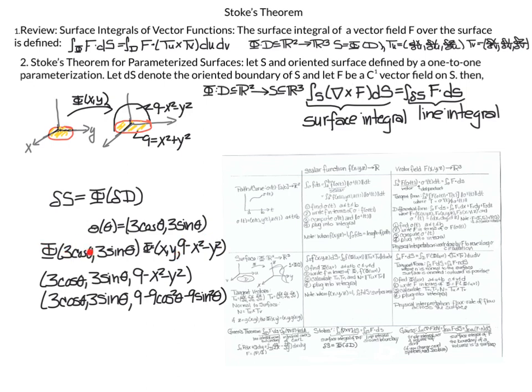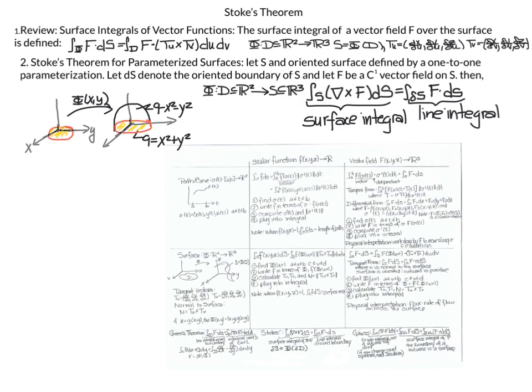So when I plug in 3 cosine theta for x and 3 sine theta for y, my phi of sigma is going to be 3 cosine theta, 3 sine theta, and then 9 minus 9 cosine squared minus 9 sine squared. Now I have my parameterization of my boundary, which is sort of what you might intuitively think because the boundary is the outline of this circle. But it's good to go through this calculation.